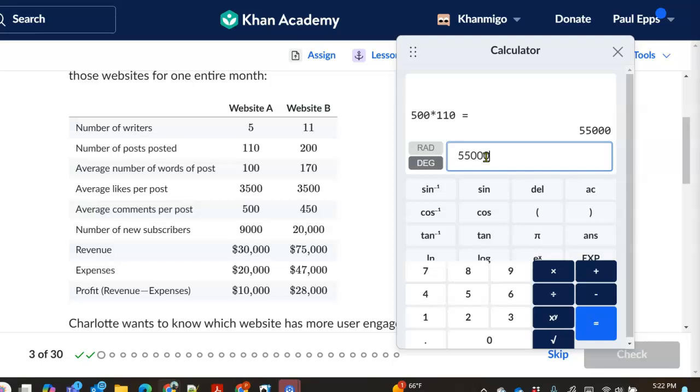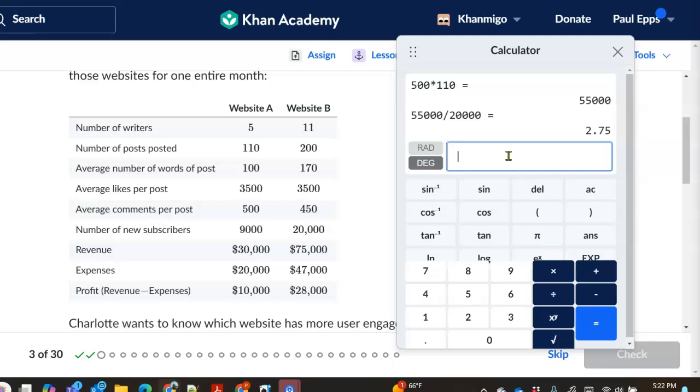Okay. Divided by 20,000. What did we get? 2.75. All right, 2.75. So can we beat that with the other one? And this is comments per expenses, right?